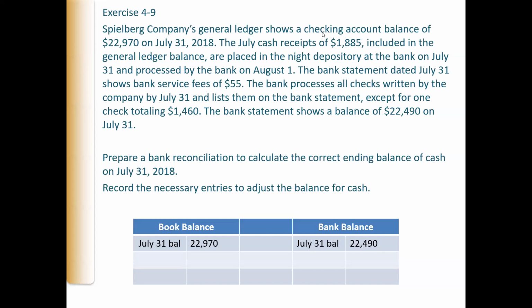So this is going to be something that we'll have to adjust or reconcile on the side of the bank. It's telling us the bank showed service fees of $55 that weren't part of the books. It's telling us the checks that showed up with the company but didn't show up with the bank is a check for $1,460.